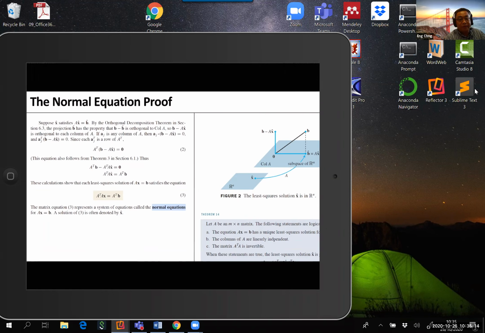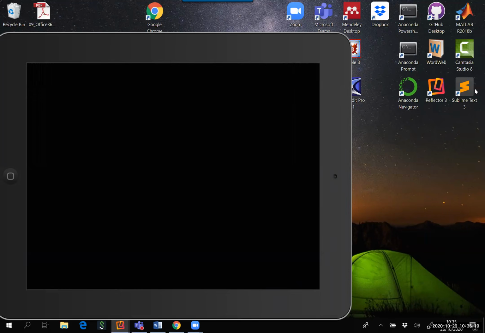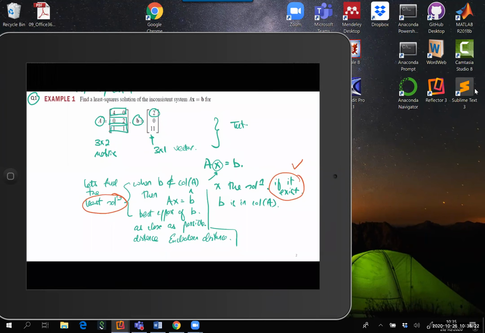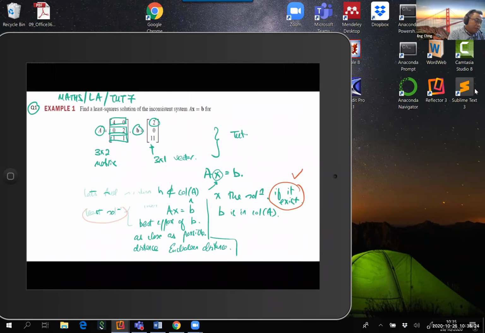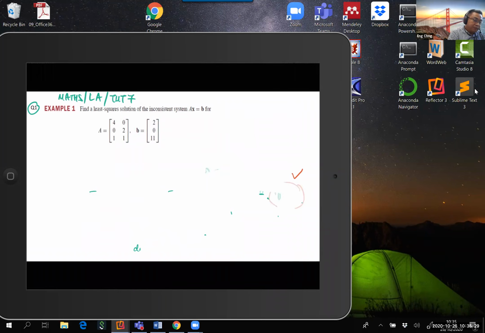Now let's come back to our tutorial. All right, so we are going to find the least squares solution, and now I'll work it out. In this question, B does not belong to the column space of A. Therefore, you can say that the system of linear equations is inconsistent.